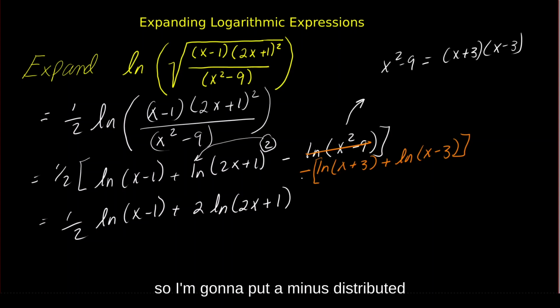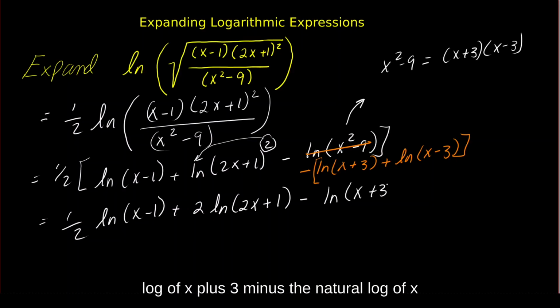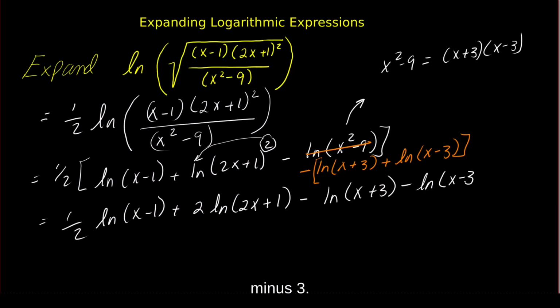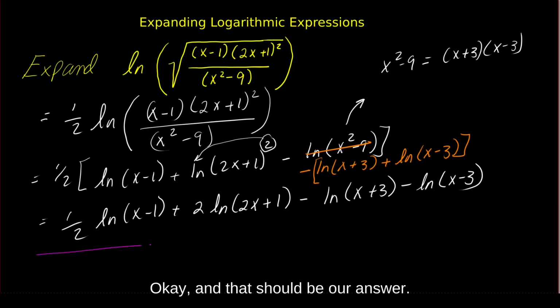Okay, so I'm going to put a minus distributed across all this. That'll be minus the natural log of x plus 3 minus the natural log of x minus 3. Okay, and that should be our answer.